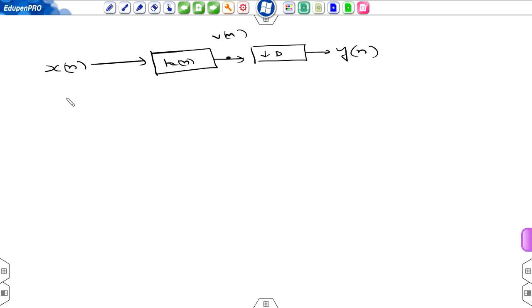In this case, the sampling rate of x[n] is Fx, the sampling rate of v[n] will also be Fx, and y[n] will be Fy, that will be equal to Fx by 2 for D equal to 2.